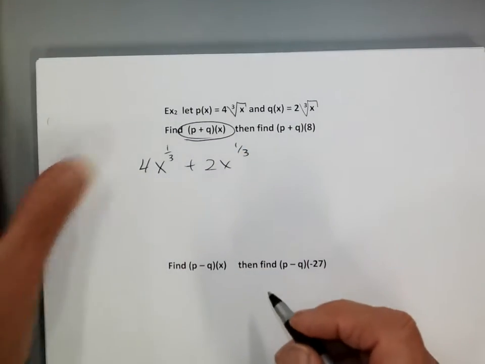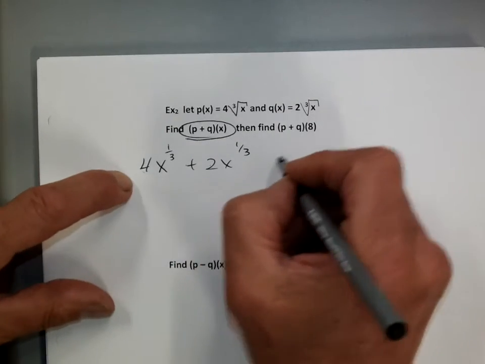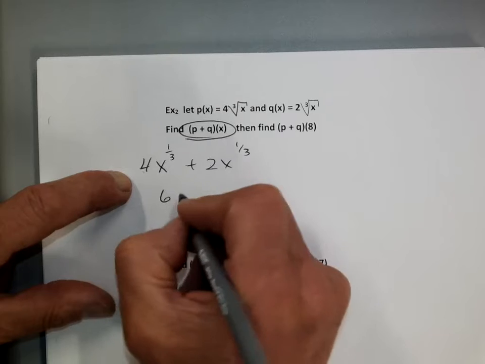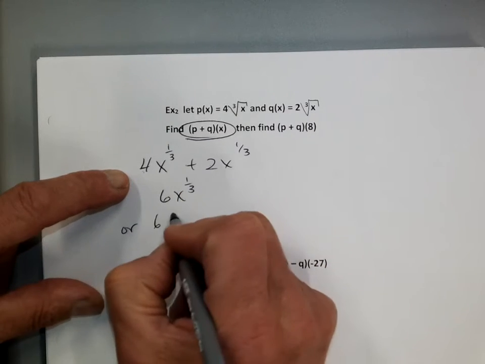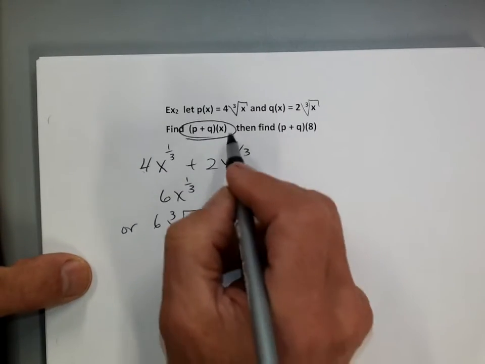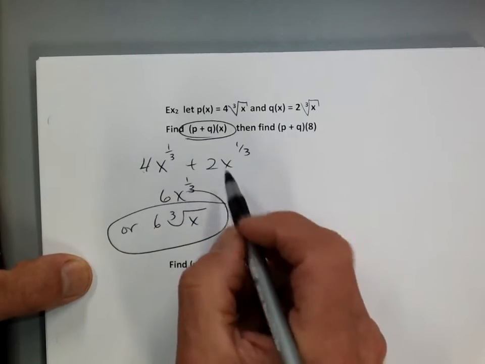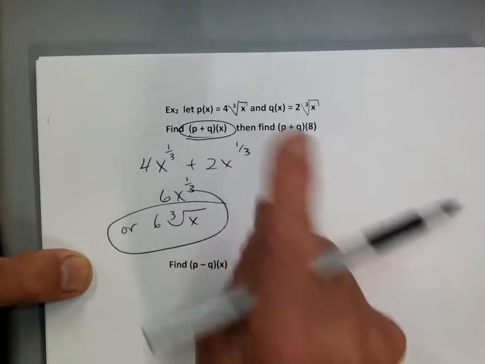Then if I add them, 4 plus 2 is 6, because they're the same, x to the 1/3, or we could write it as 6 times the cube root of x. So that's p plus q, adding the two, and you can add them because they're the same.